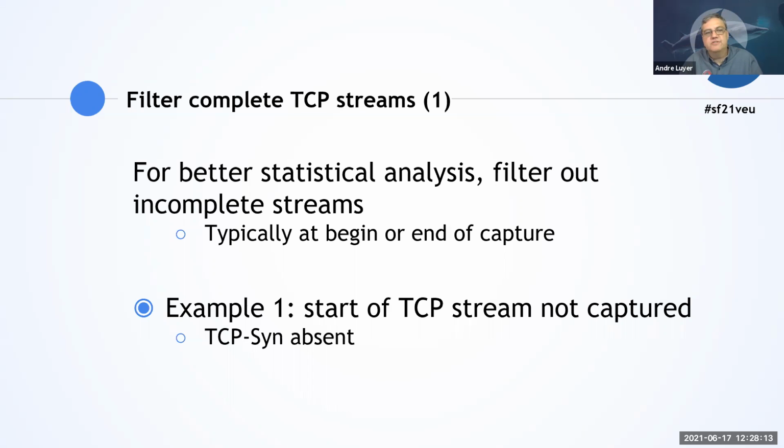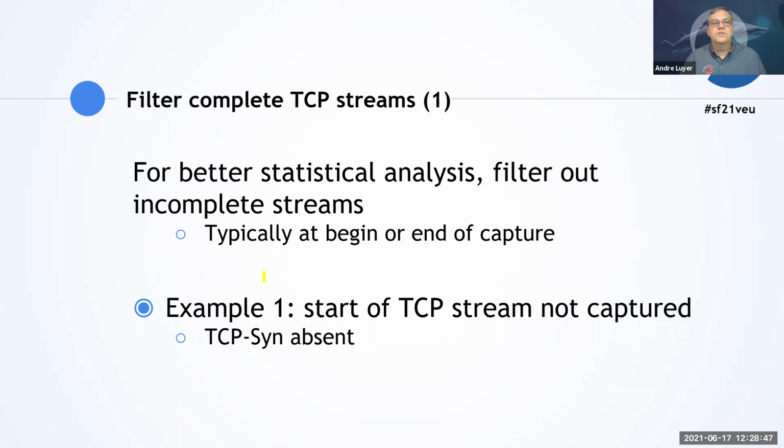For analysis, it's usually best to have complete TCP sessions, in case of a protocol that uses TCP, which is most of them. And so you want to filter out all incomplete streams, which are typically at the beginning or the end of the capture. Now, let's start simple, with only the start of the session, the TCP stream.